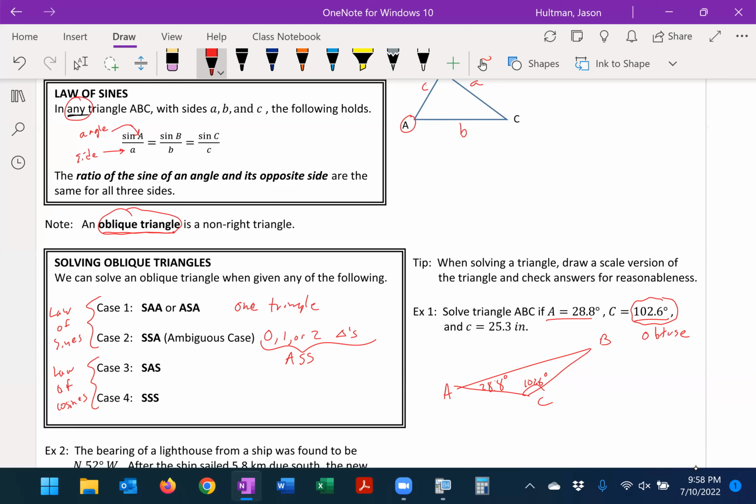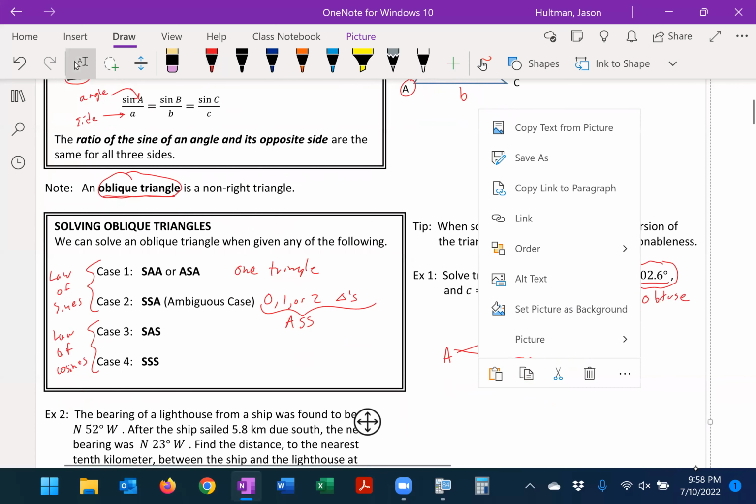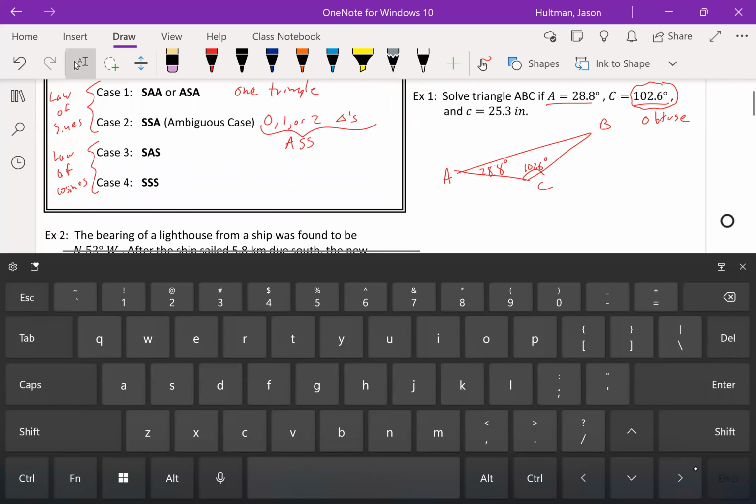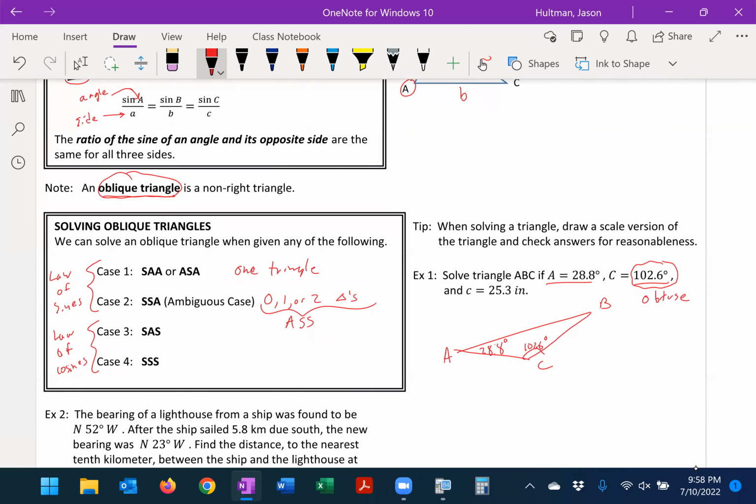We have two angles, A and C. How do we get that third angle B? Well, we subtract the other two angles from 180. So angle B is equal to 180 minus 28.8 degrees minus 102.6 degrees.